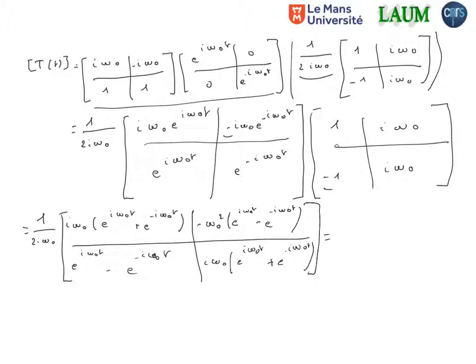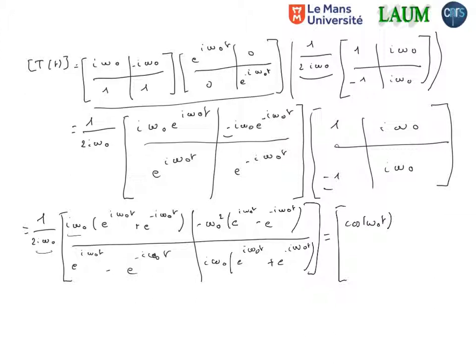This matrix can be simplified because we can see here that, of course, i omega 0, which is here, can be simplified, for example, with this one, and we have e to the i something plus e to the minus i something divided by 2. Then this is a cosine, and we can rewrite after calculation that here we have a cosine of omega 0 t.